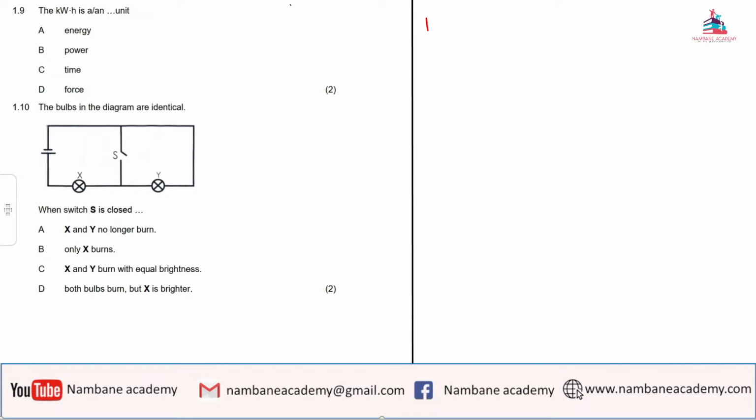1.9. The kWh is a unit of: energy, power, time, or force.